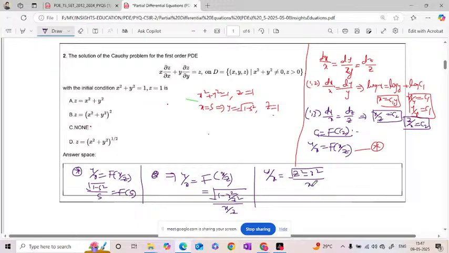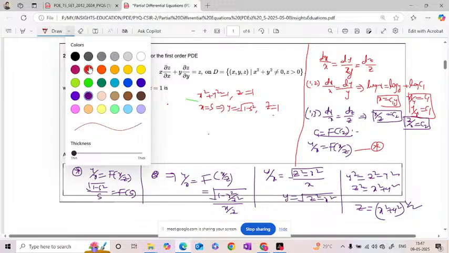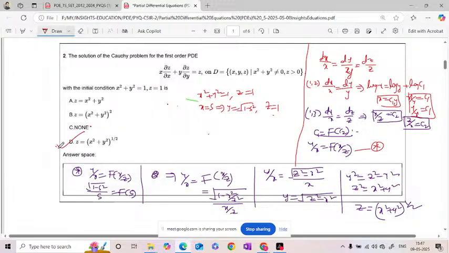Now this x will cancel. Now y is equal to under root of z square minus x square. That means y square is equal to z square minus x square. Now z square is equal to x square plus y square, and z is equal to x square plus y square whole power 1 by 2. So option D is the correct. Z is equal to x square plus y square whole power 1 by 2 is the correct. Okay.